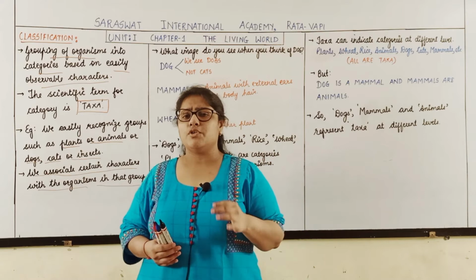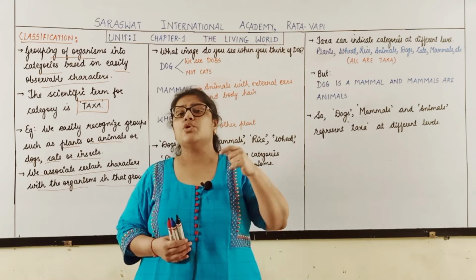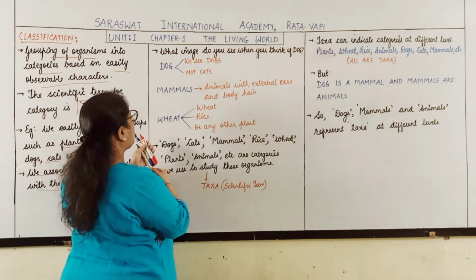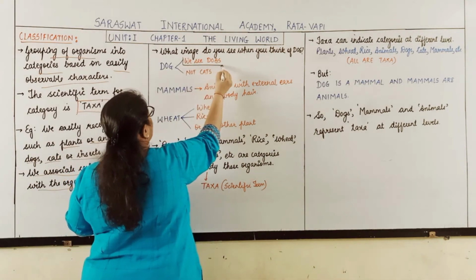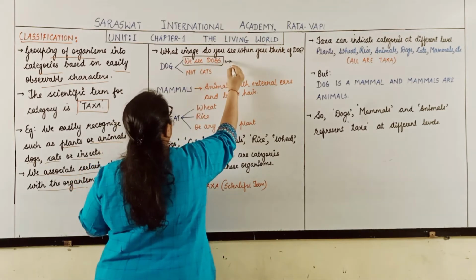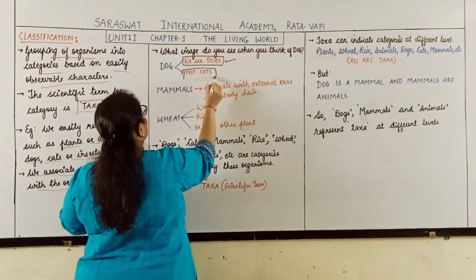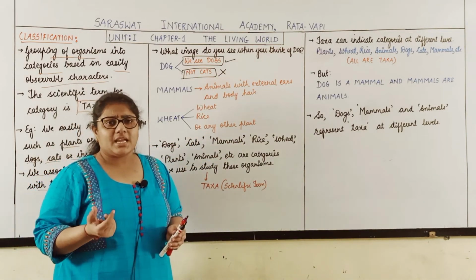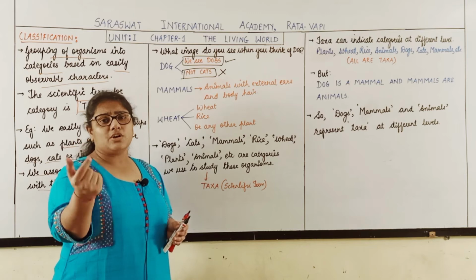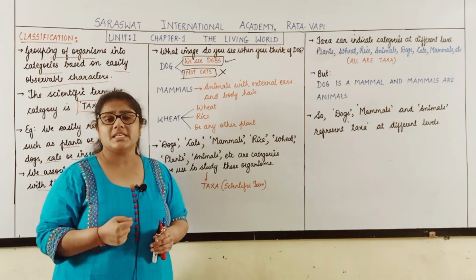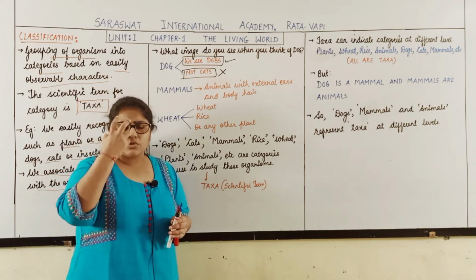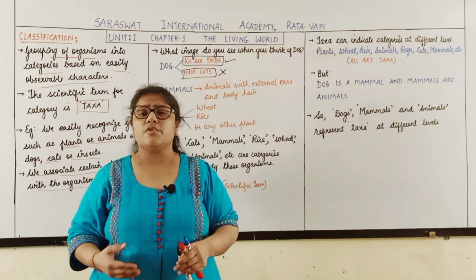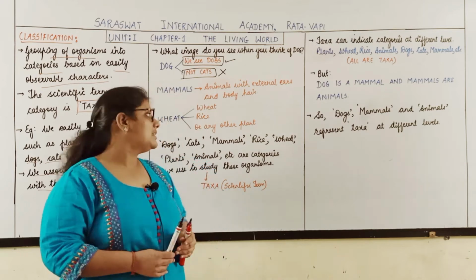When you think of a dog, what image do you see in your mind? Of course, we will always see the image of a dog, not a cat or any other animal. If I ask you to imagine a dog, what image will be created in your mind? Of course, the image of a dog. None of you will see a cat or any other animal.